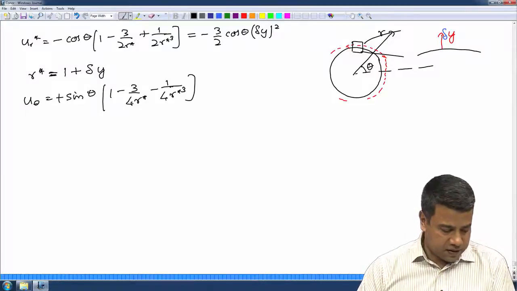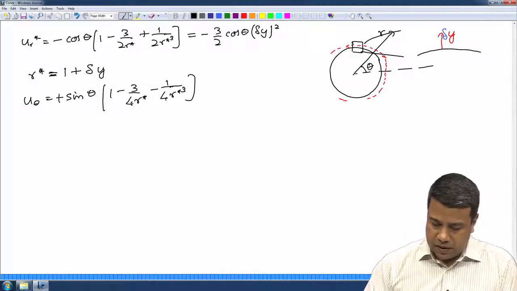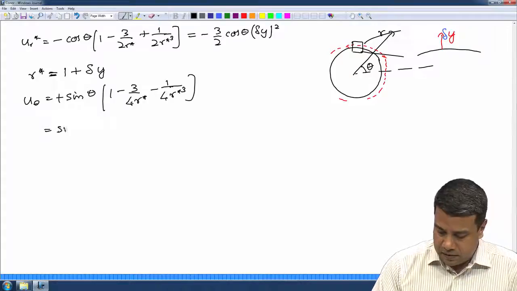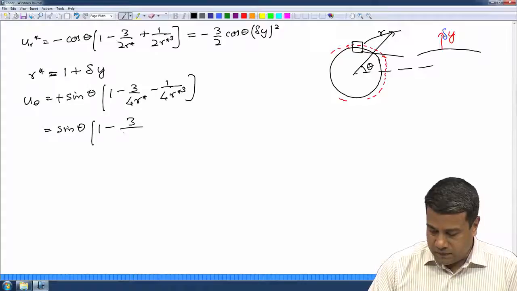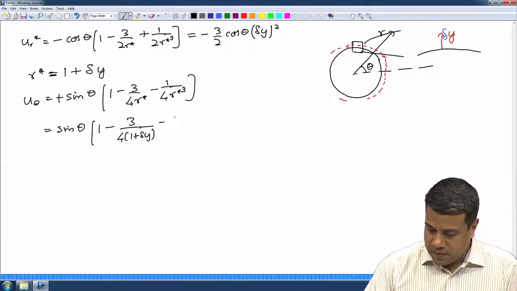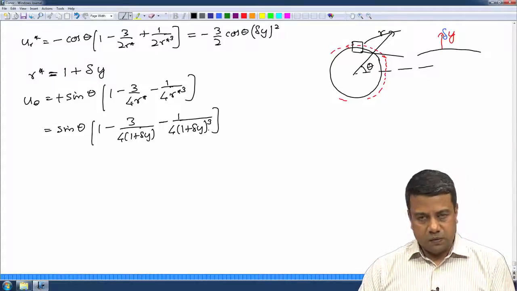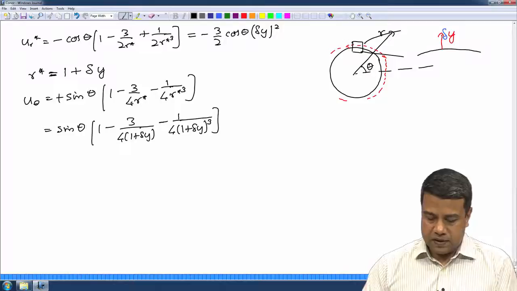So, that was the expression that I had for u theta, and I can expand this once again: sine theta into 1 minus 3 by 4 into 1 plus delta y, minus 1 by 4 into 1 plus delta y the whole cubed. Once again use a binomial expansion for this case as well.